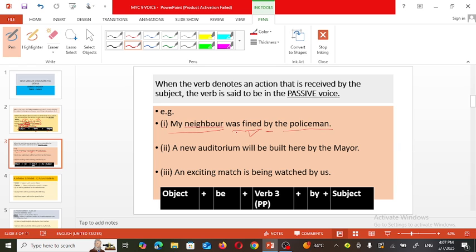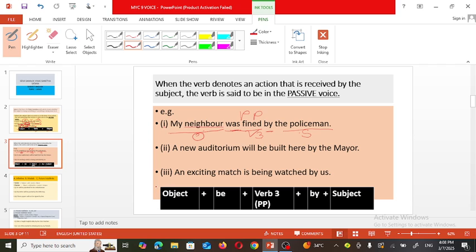So was fined is in simple past tense. The V3 form is used, the verb's third form, also called the past participle. And this fining action is done by whom? The policeman. And on whom is it done? My neighbor. So object comes first, then the helping verb, the be form, then the verb's third form, that is past participle, by, and the subject.